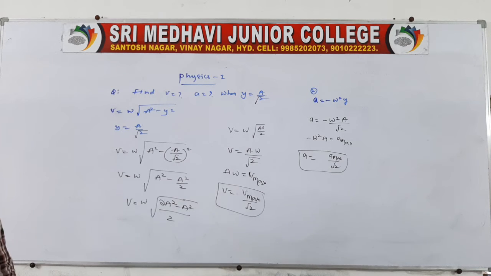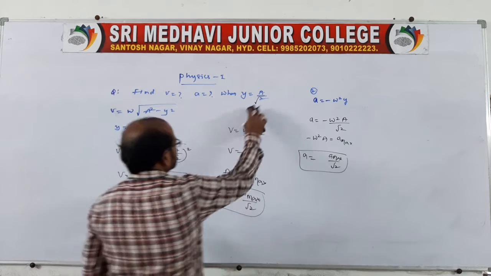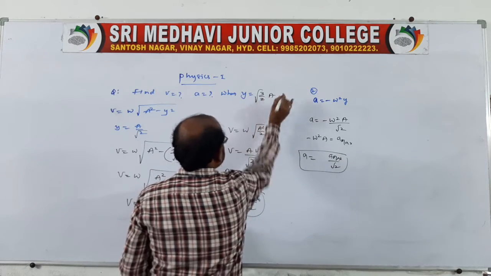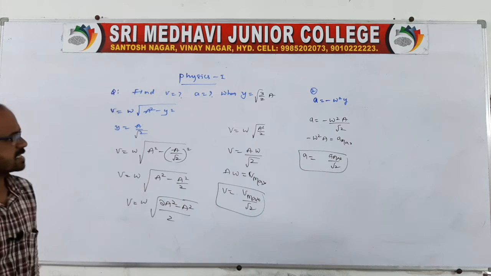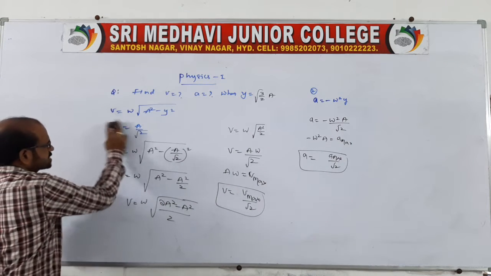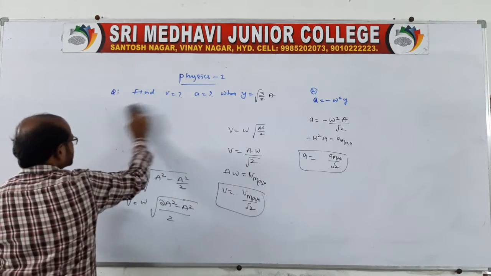And here I will give you another problem you do as homework. Yes, can you do that? Okay, so now I am giving the question for homework. Root 3 by 2 a, you take. Displacement is equal to root 3 by 2 a, you take, and find the velocity as well as the acceleration. It is homework.